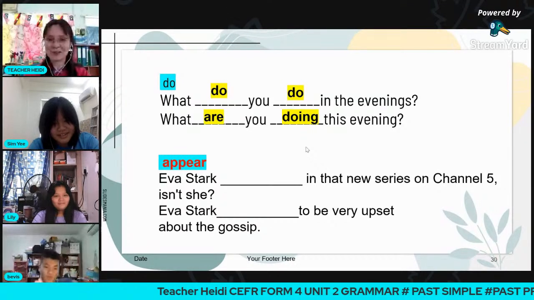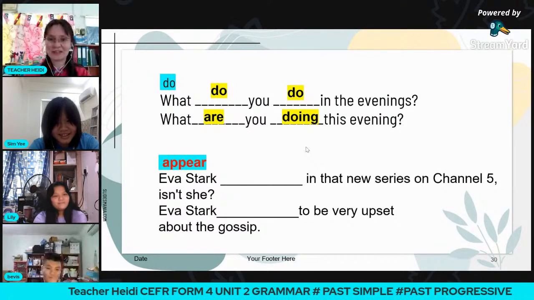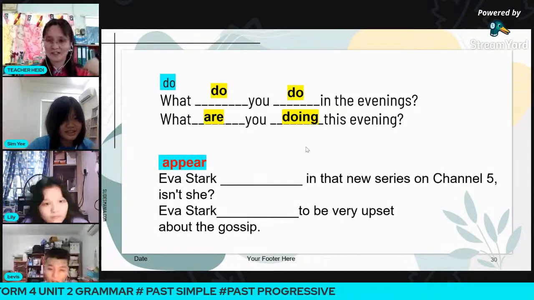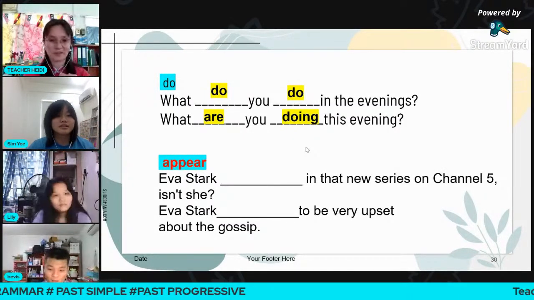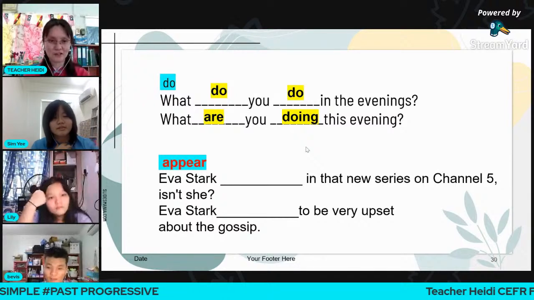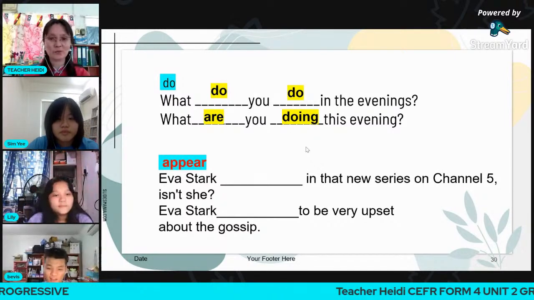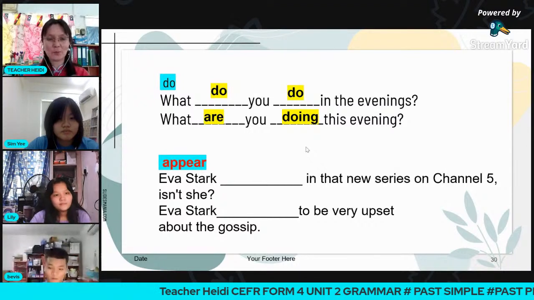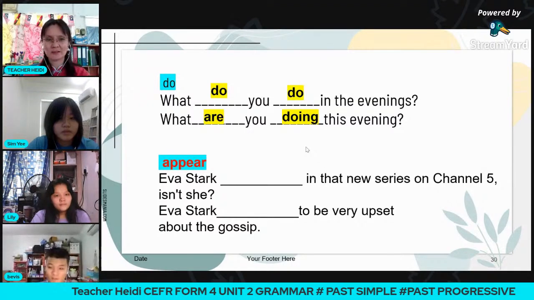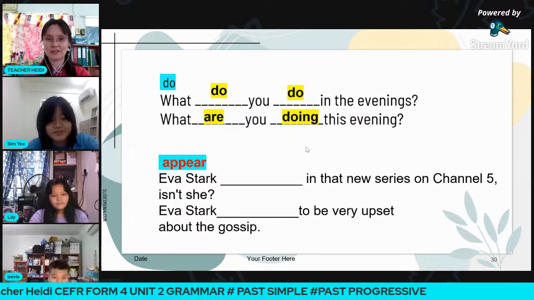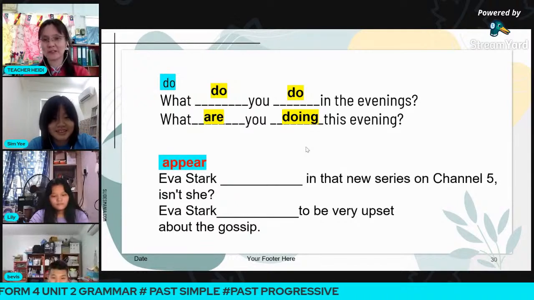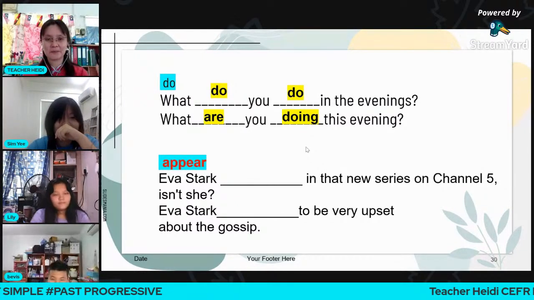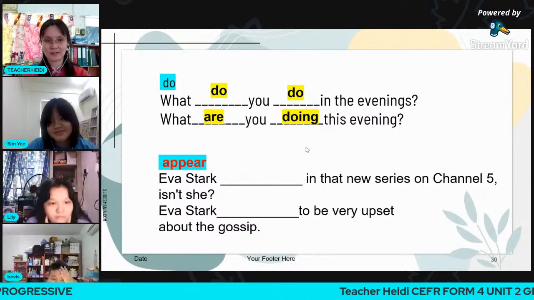In the evenings, and the other one is this evening. This evening is a very specific time. So you want to know, what are you doing this evening? If you want a habit, then what do you do in the evening? It's not this particular evening, it's every evening, like a habit. But this evening is very specific.